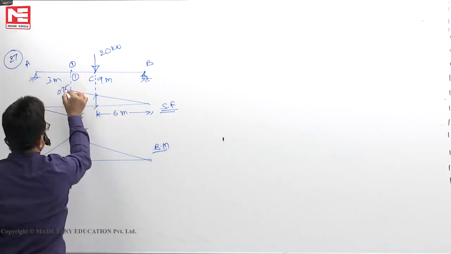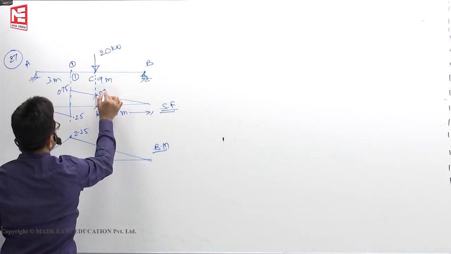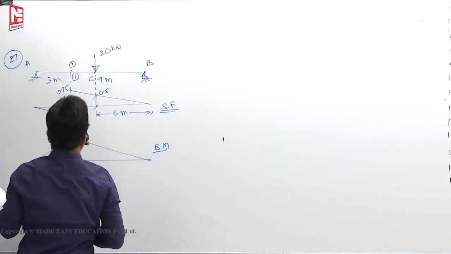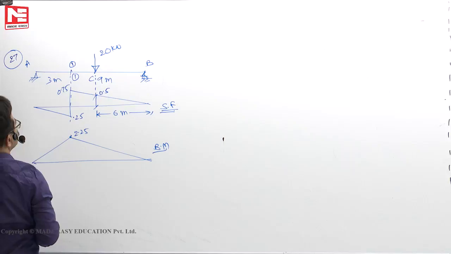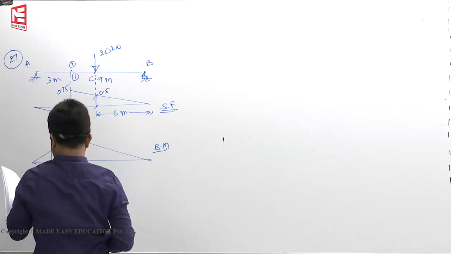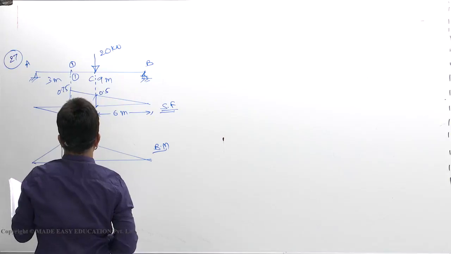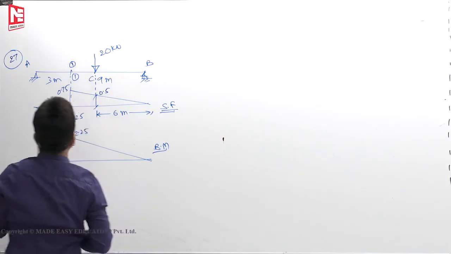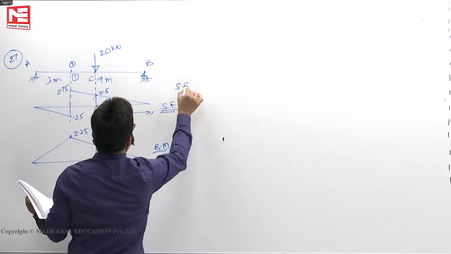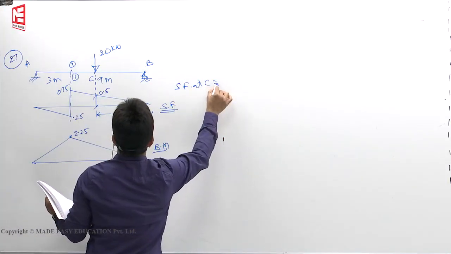For 9 meters, 0.75; 6 meters, 0.5; 3 meters, 0.25. So you will get that the ordinate is 0.5, 20 into 0.5. So shear force at C is equal to 10.